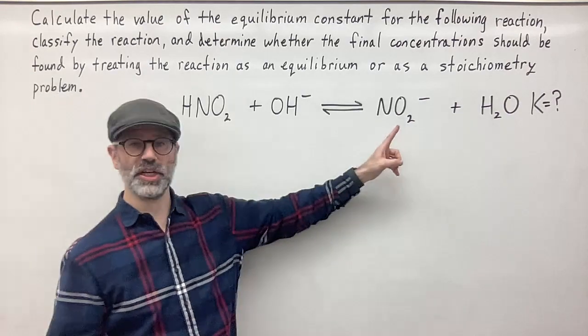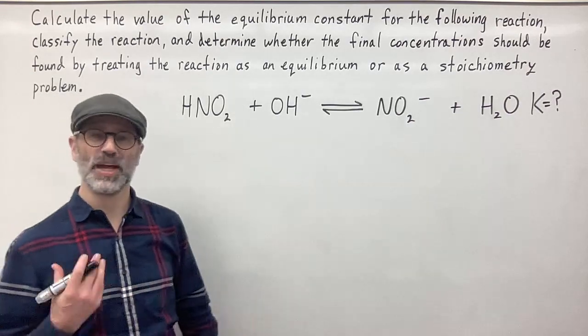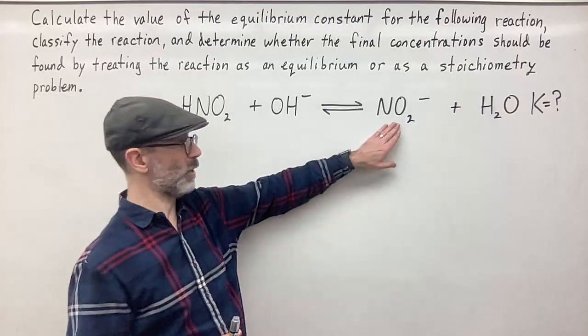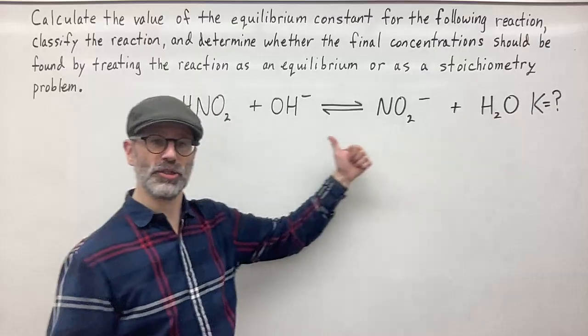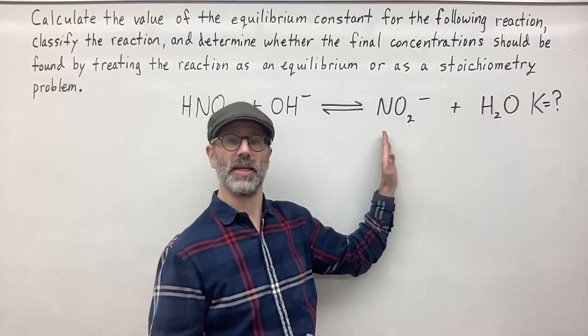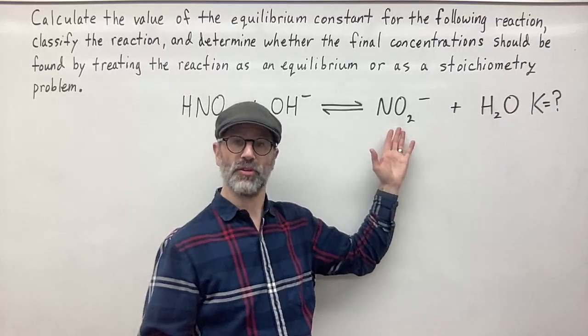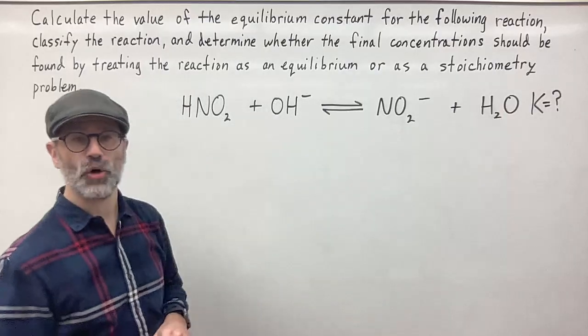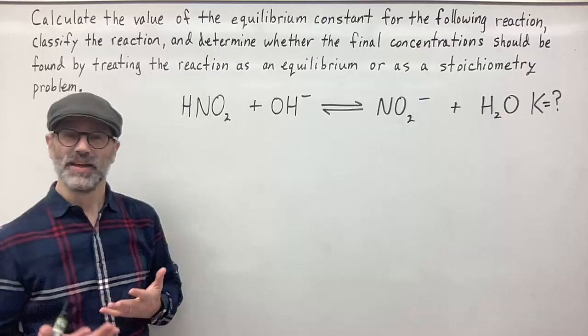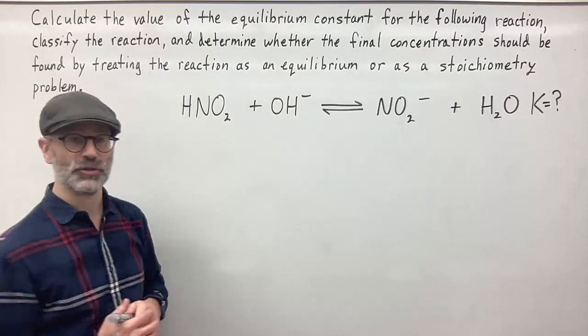So the conjugate base of a weak acid is a weak base. So here we have a weak base and water. If we were to reverse the reaction, this would be the weak base, the conjugate base, reacting with water. And so that would give us a Kb value, right?